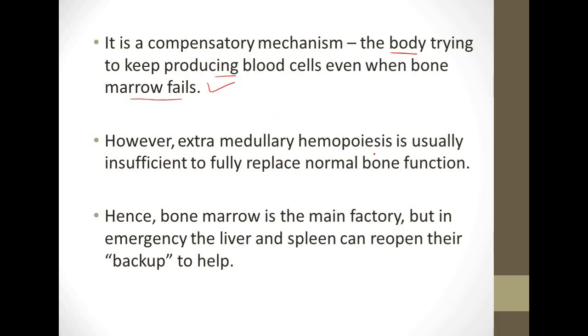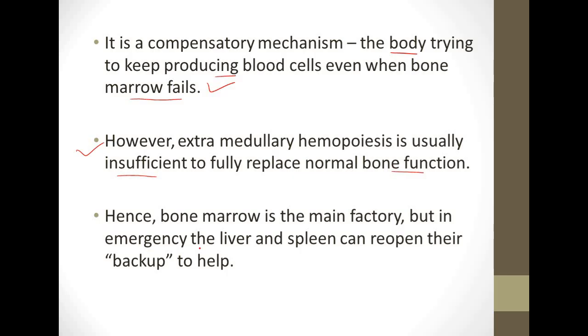However, extramedullary hemopoiesis is usually insufficient to fully replace normal bone marrow function. Okay, though the liver and spleen generate blood when bone marrow is failing, the amount of blood production is not as sufficient as in bone marrow.